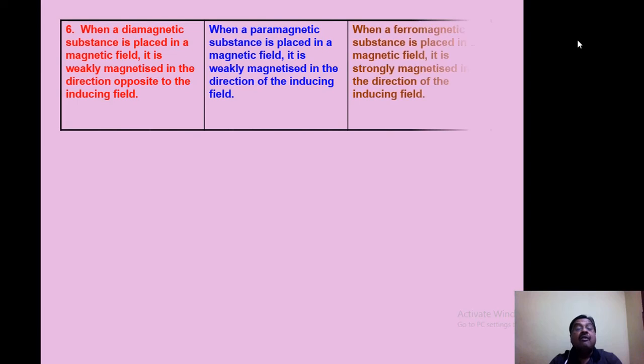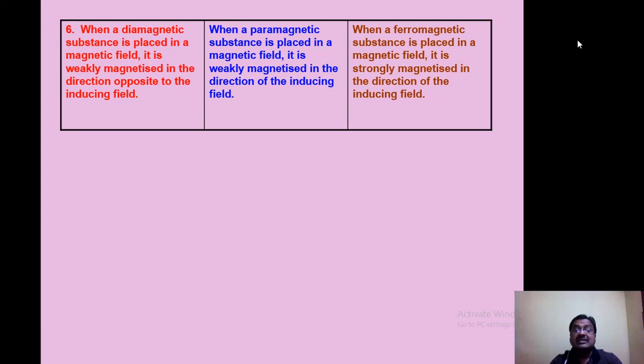But when a diamagnetic substance is placed in a magnetic field, it is weakly magnetized in a direction opposite to the inducing field. Magnetization is in the opposite direction. But when a paramagnetic substance is placed in a magnetic field, it is weakly magnetized in the direction of the inducing field.